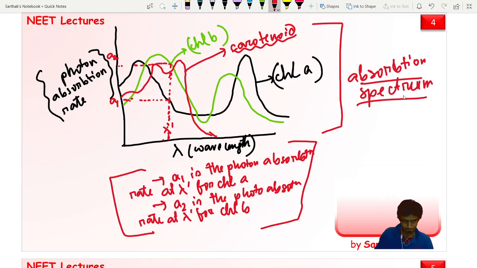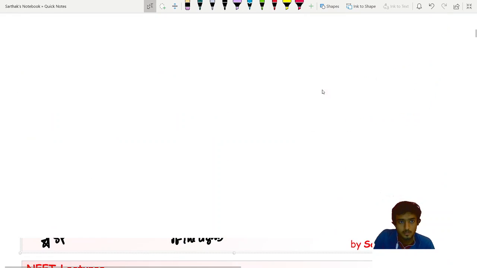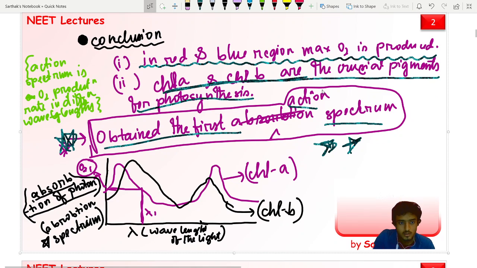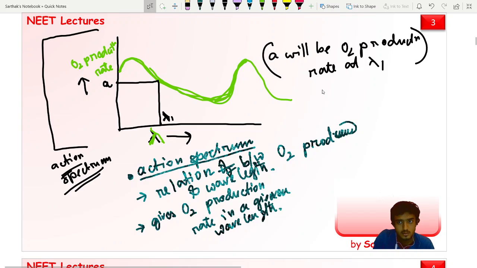TW Engelmann has also shown the action spectrum, and here is an interesting thing. I have shown the absorption spectrum here, and in the previous slide you can see the action spectrum.